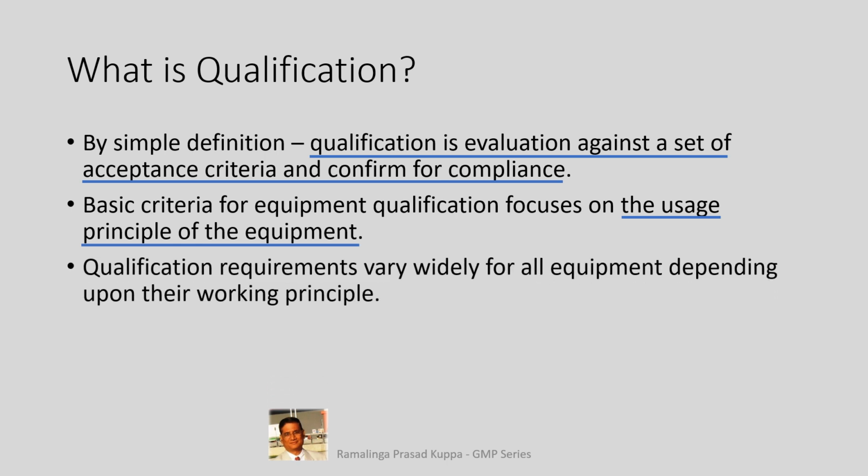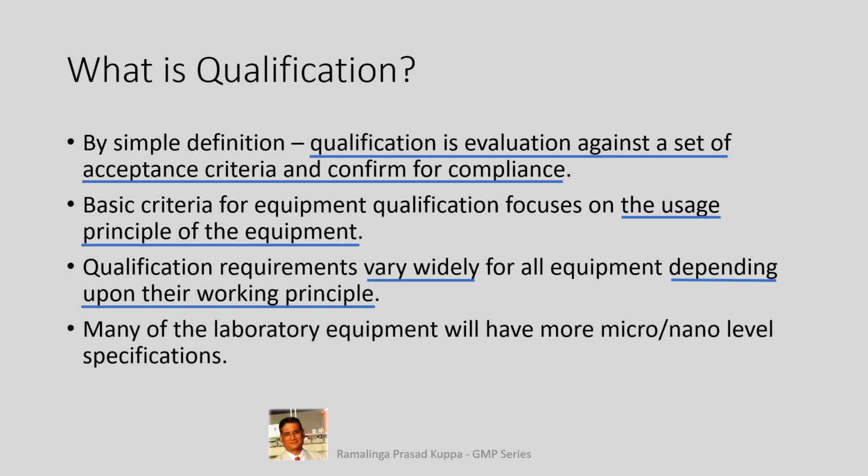Qualification requirements vary widely for all equipment depending upon their working principle. Obviously, each equipment has its own purpose and working principle. Probably no two types of equipment will have the same specifications. Many of the laboratory equipment will have micro level or nano level specifications.